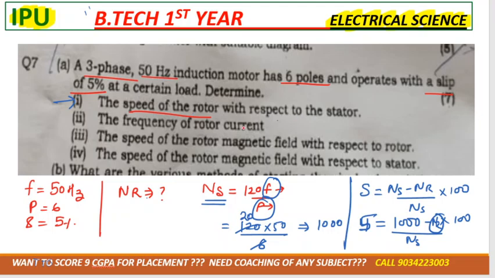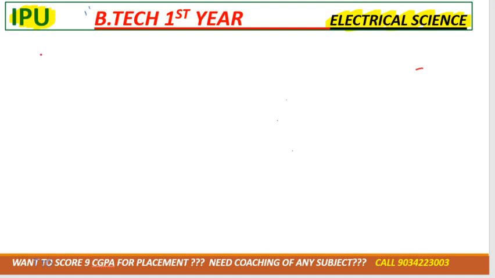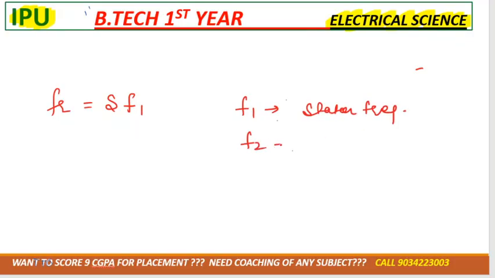Next thing they are asking, there is a relation between the stator and rotor frequency, write it down. fr, the frequency of the rotor, is equal to s times f1. f1 is basically the stator frequency, and f2 is basically the rotor frequency, you can write down fr also.